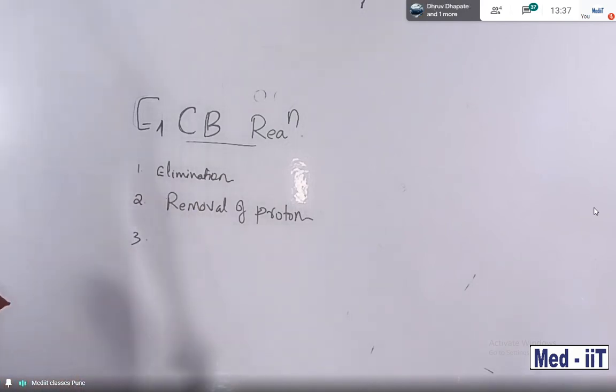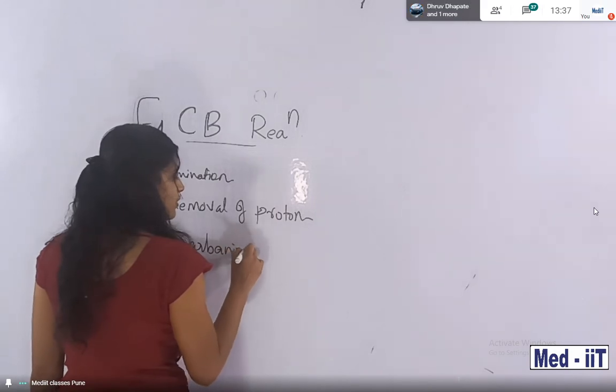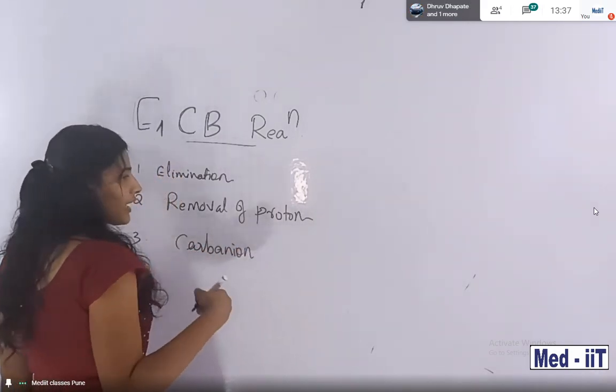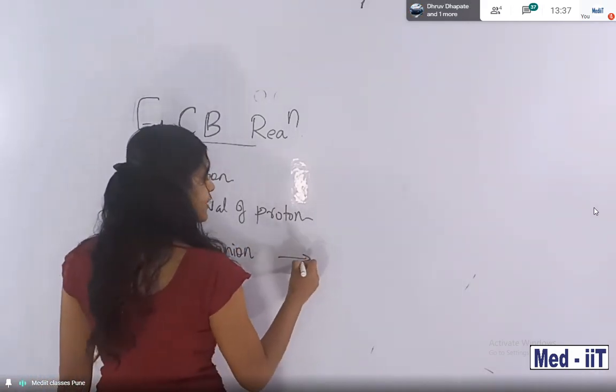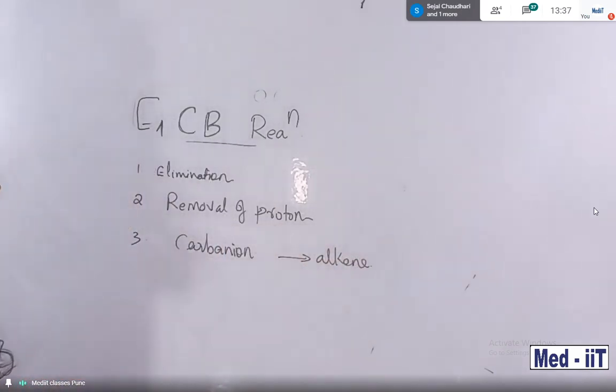Okay. Third condition, carbanion. Then it is converted into an alkene. If the carbanion is present, it forms an alkene.